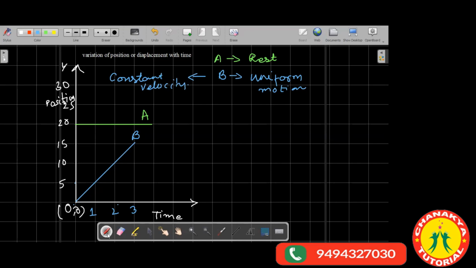Now let's try to draw another graph and see what information is conveyed by that. What information does this graph convey? Sir, the object accelerates.